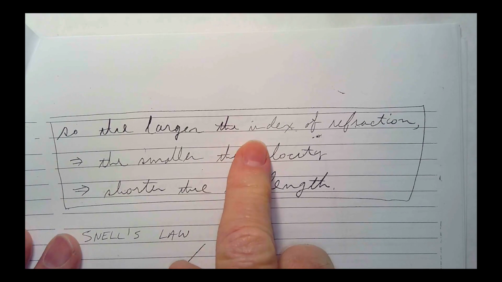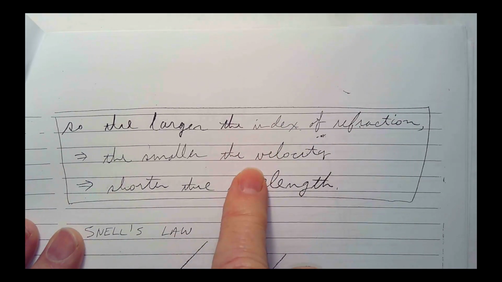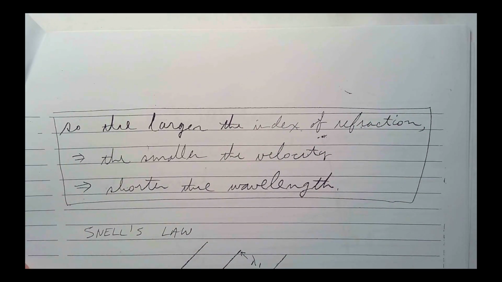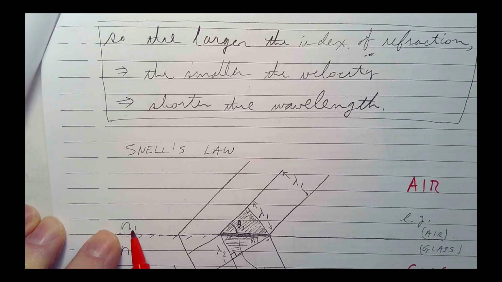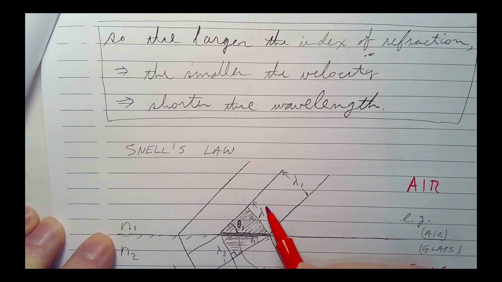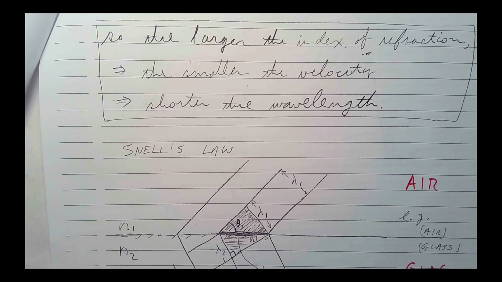The punchline is the larger the index of refraction, the smaller the velocity, the shorter the wavelength. Okay. Here, for example, is air and glass. This has an index of refraction which is less than that, okay, and it has a shorter wavelength here, smaller wavelength in the higher index of refraction.